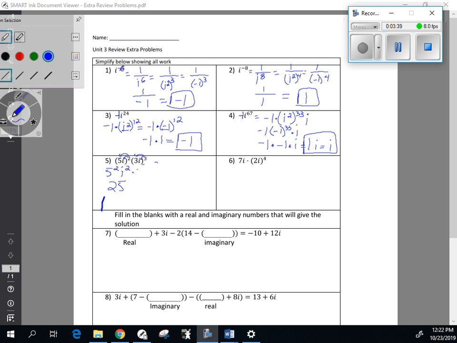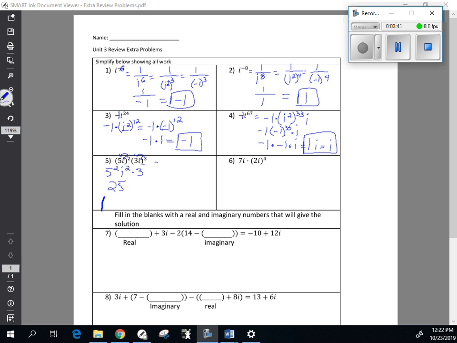So i times 3 cubed times i cubed. That's going to be 27. I have an i squared here and i cubed here, so I have a total of 5 i's. 25 times 27 is 675.